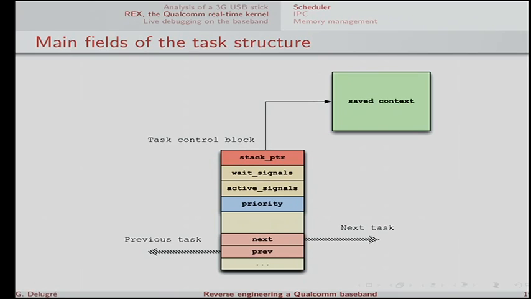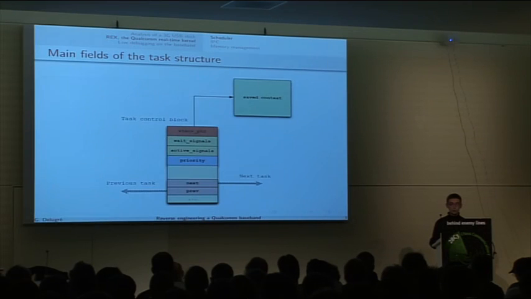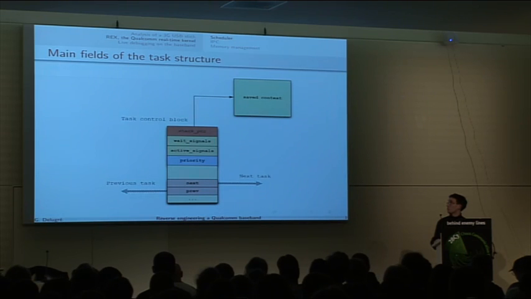So you do not need complex processing to do a task switch. You just save the context of the task on the stack, and you change the stack pointer, and by this process you can switch tasks very quickly.